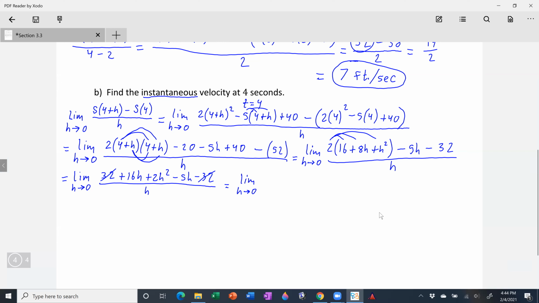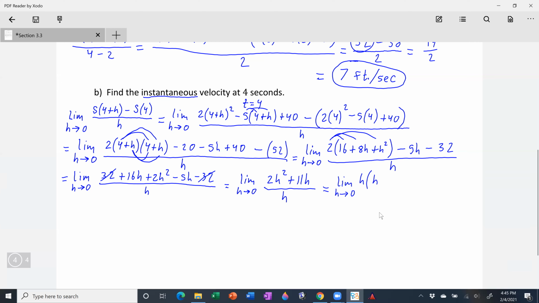So I'll go ahead and write this in descending order. So the 2h squared. 16h and minus 5h are like terms. Those can combine for plus 11h. And hey, look at that. Both terms in the top have an h in common, so we can factor an h out. And exactly what we were hoping for is what happened.